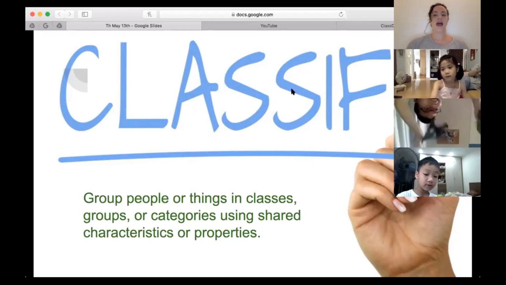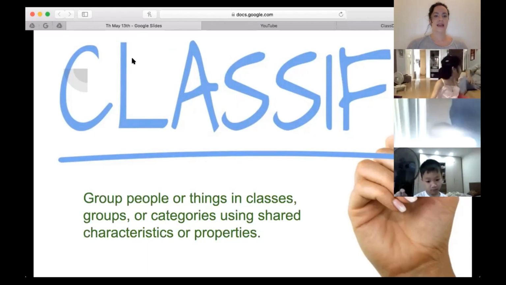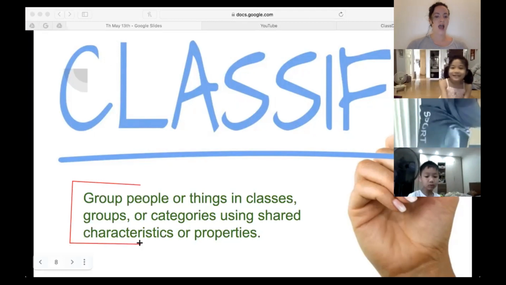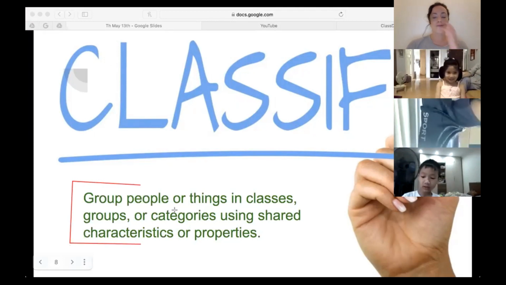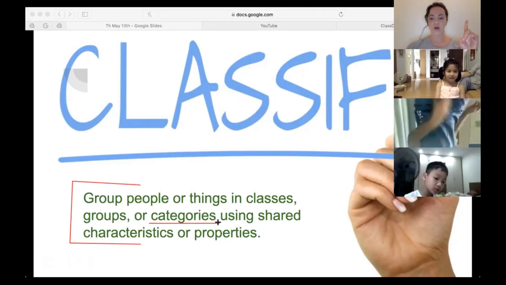Let's go back to our PowerPoint now. Everyone, classify. We learned this word yesterday. Could everyone please unmute and read this definition of classify? But first, everyone say categories.